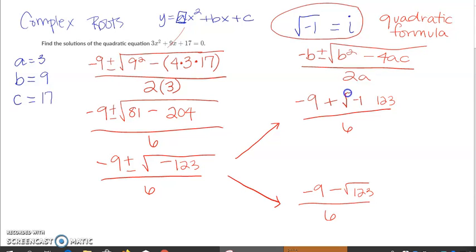So you could say it like this, that it's the same thing as the square root of negative 1 times the square root of 123. And what that does is it allows me to pull out my i. Okay, and then I could do that same thing down here if I wanted to.